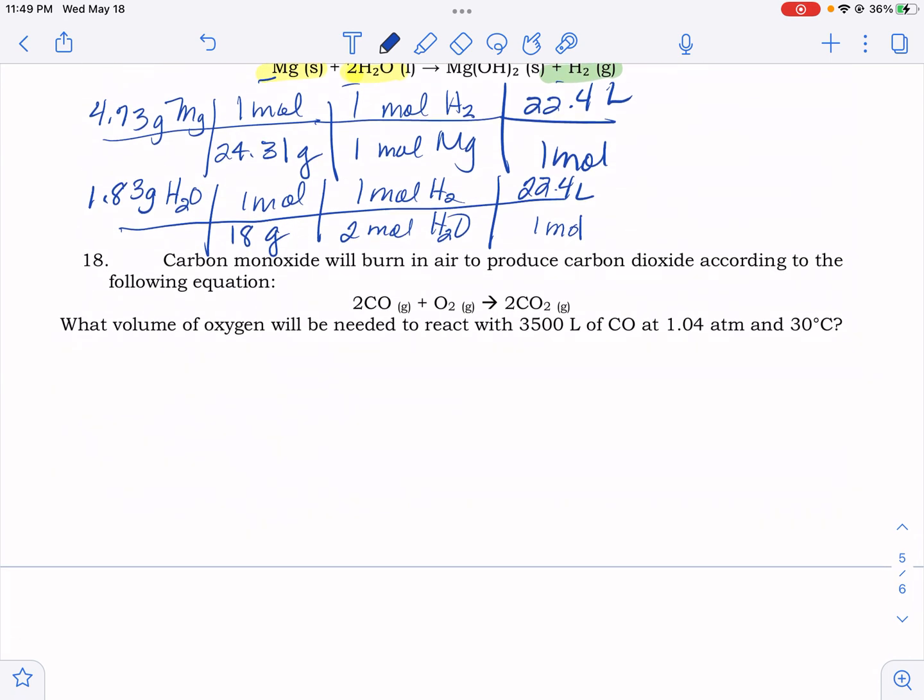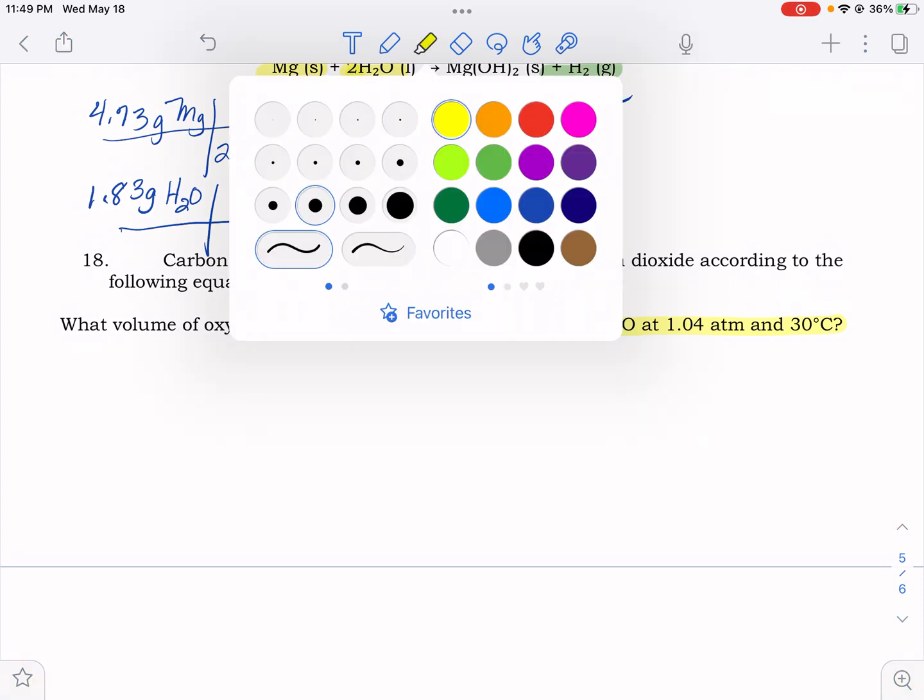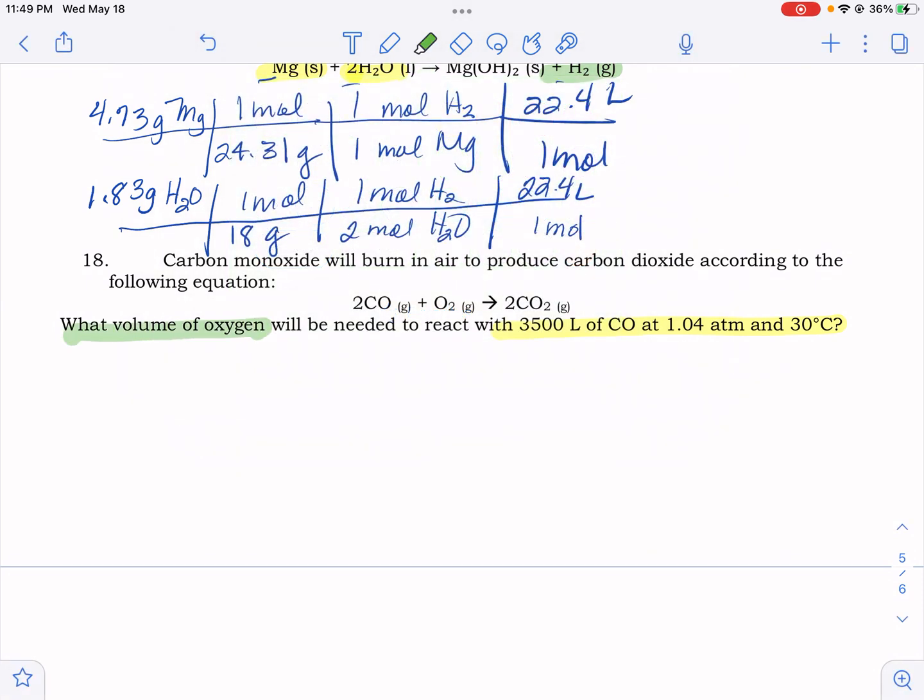Last guy, we are given volume, temperature, and pressure. So we're going to use PV equals nRT. And we're going to solve for volume of oxygen. So 3500 liters of carbon monoxide.